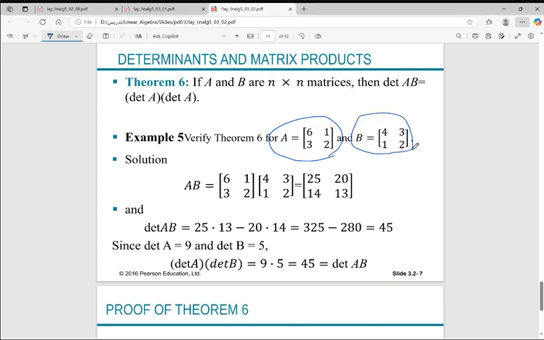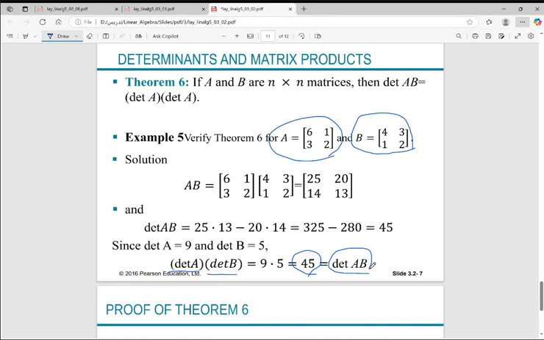It's 5, because 4 times 2 minus 3 times 1 gives you 5. So you see determinant of A times determinant of B equals 45, and it is equal to determinant of AB, right? So you see an example of this theorem.